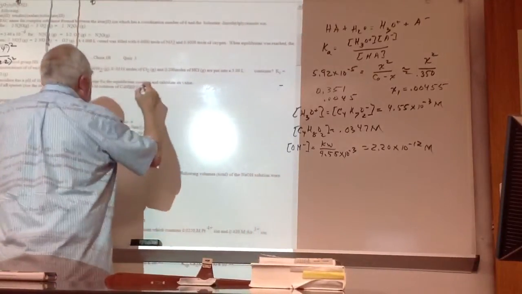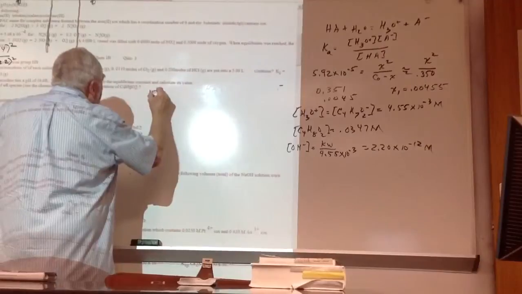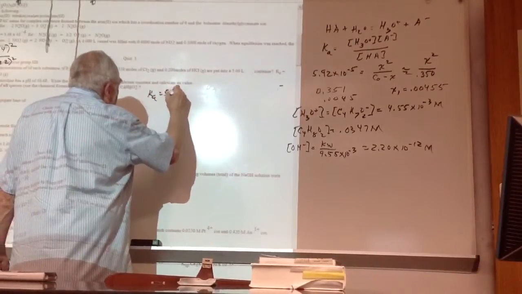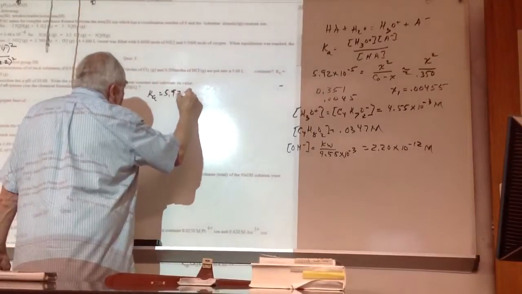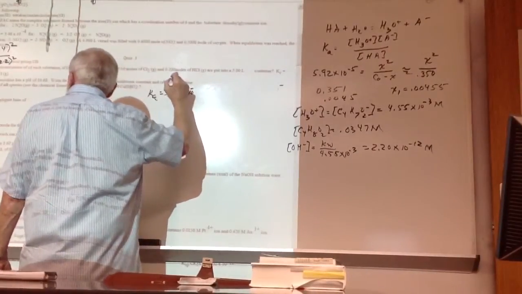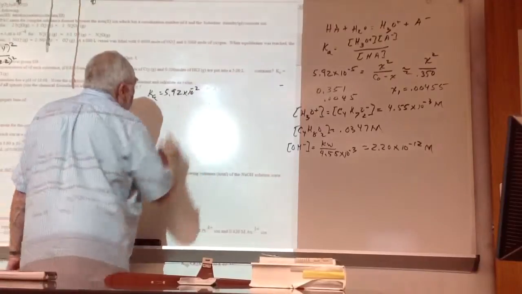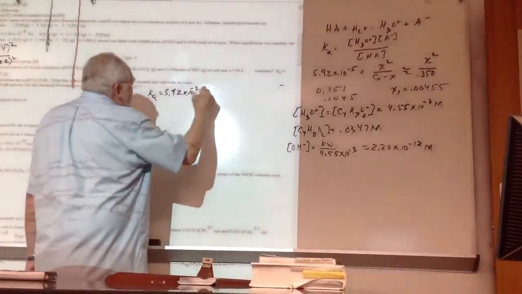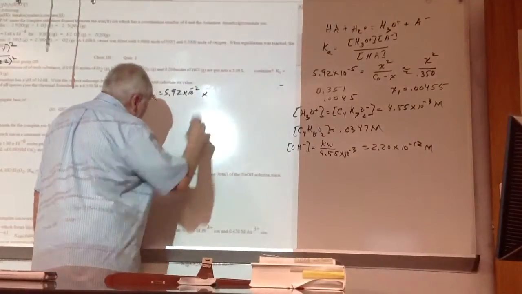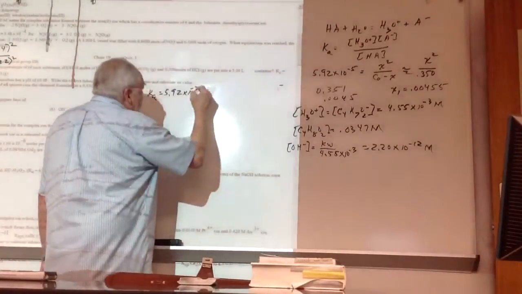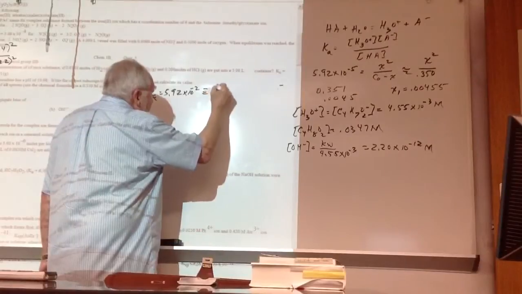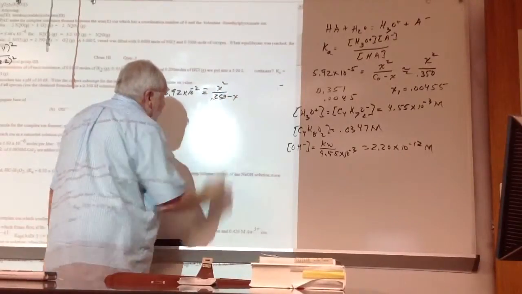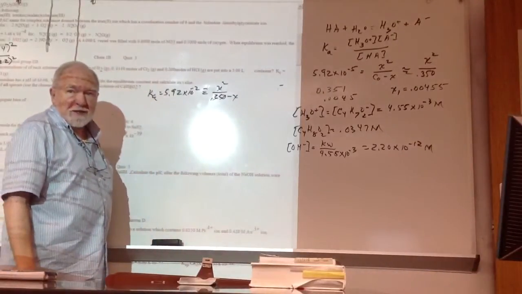Instead of this K, I'm going to use something times 10 to the -2. Okay. Now you go through this and you say K equals, approximation, x squared over 0.350 minus x. You can still certainly do the approximation, right?